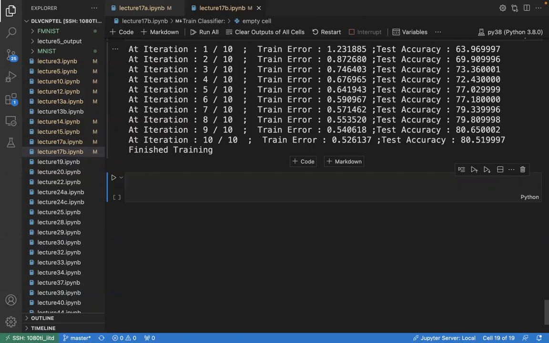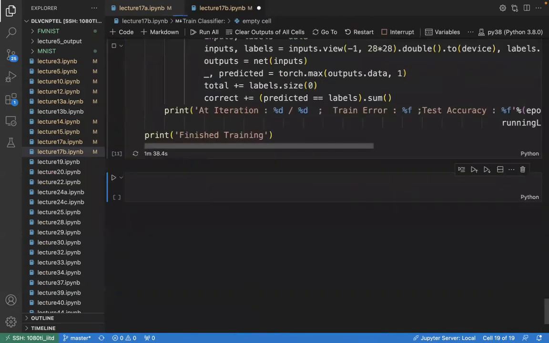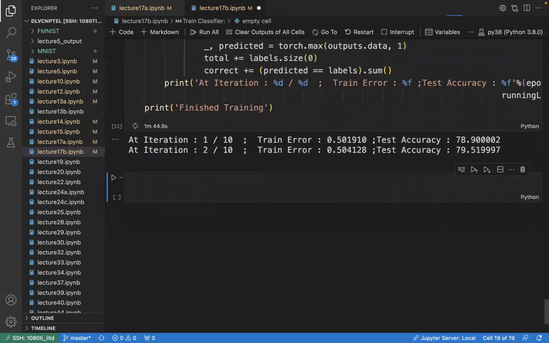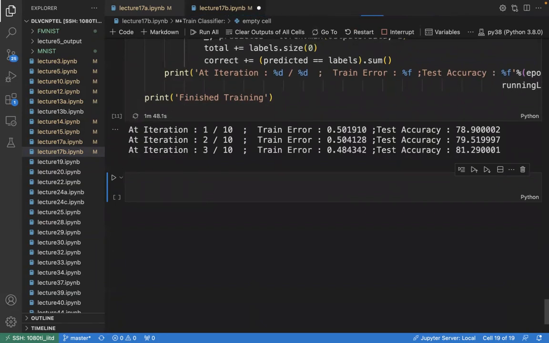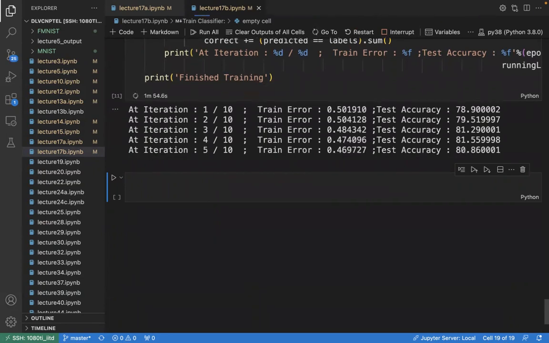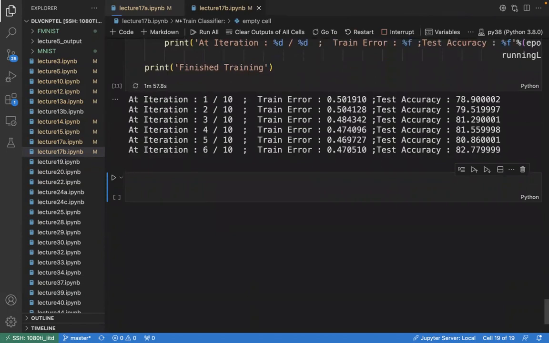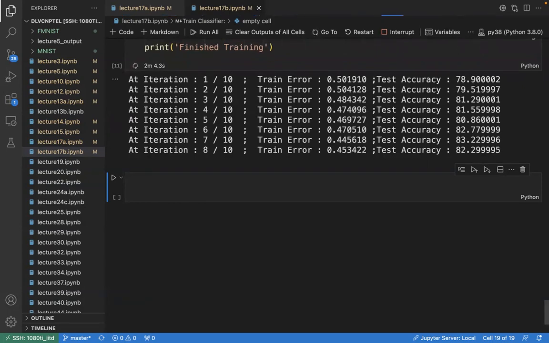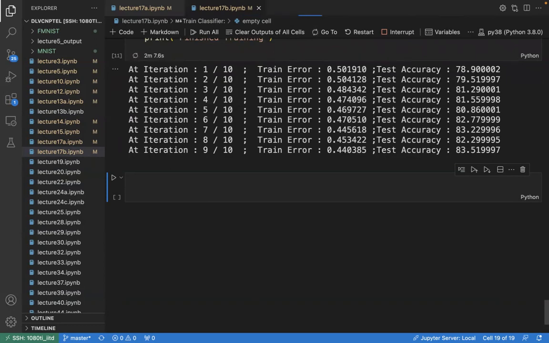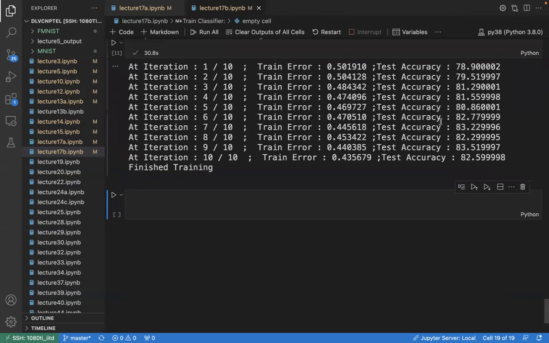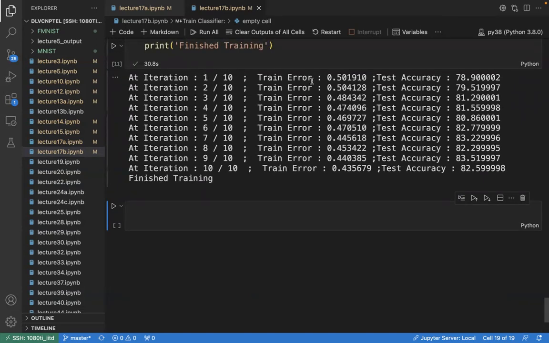Let me run it again. Okay, so there is not much of an improvement. It is going till 83, I guess. So we'll have to settle with that.